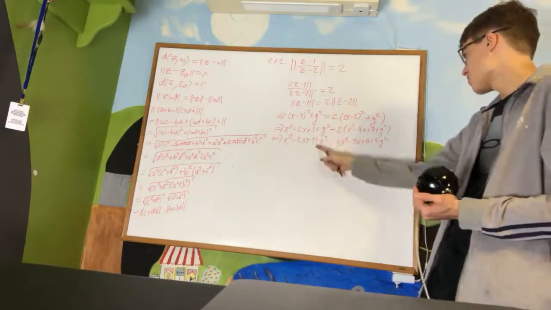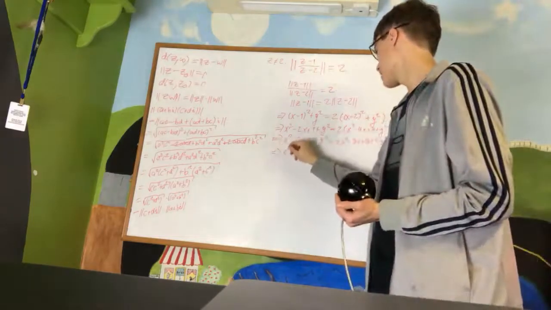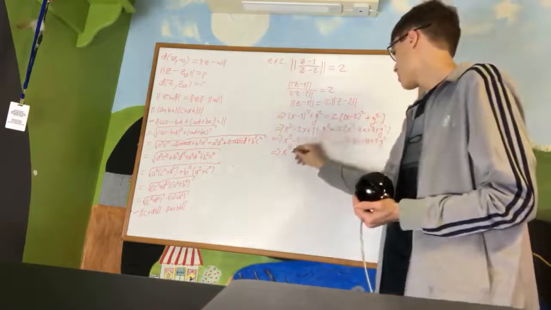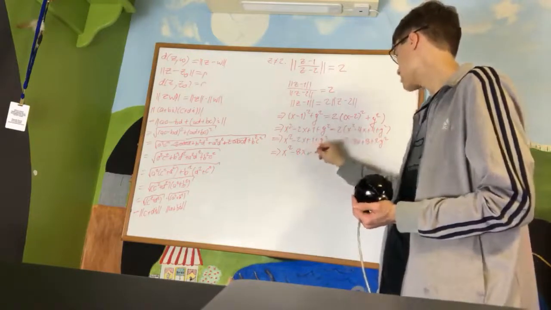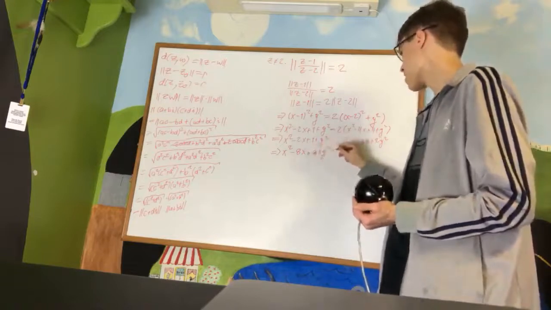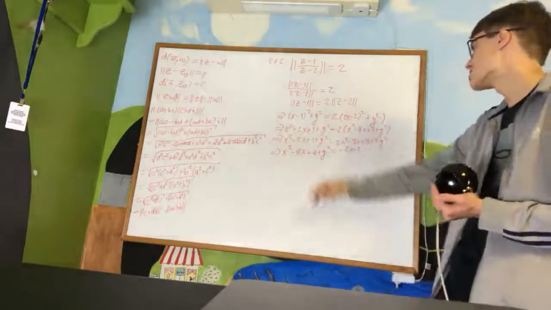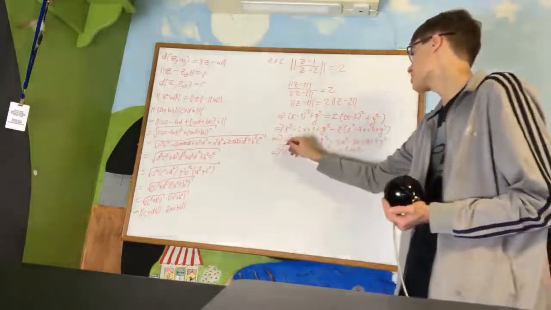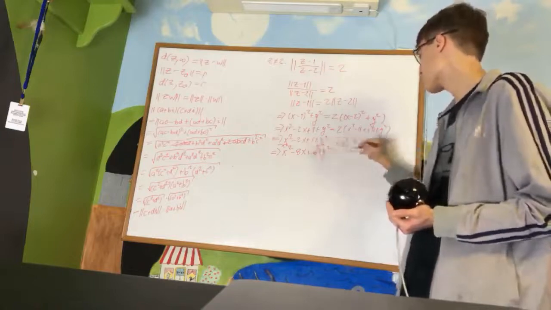Now if I subtract off y squared and x squared, I get x squared minus 8x plus 8 plus y squared equals minus 2x plus 1. That's just simple subtraction of x squared and of y squared.